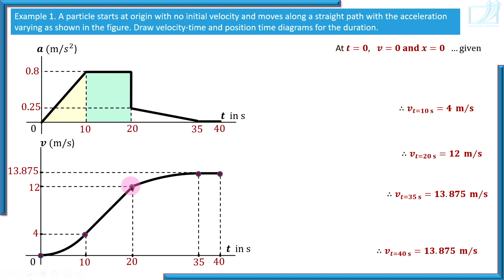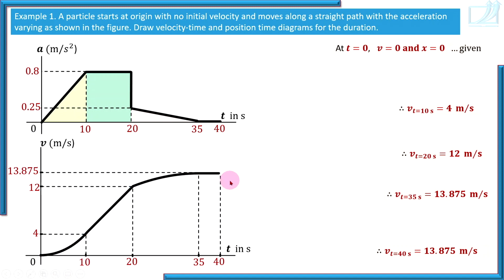Acceleration reducing, so slope reducing. If there is a sudden drop or sudden rise in acceleration, you will not be able to draw a tangential curve. Here you will get a sharp corner automatically. Only thing is, I explained to you that unless you mark all these points by taking care of proportion, you will not be able to draw the correct shape.